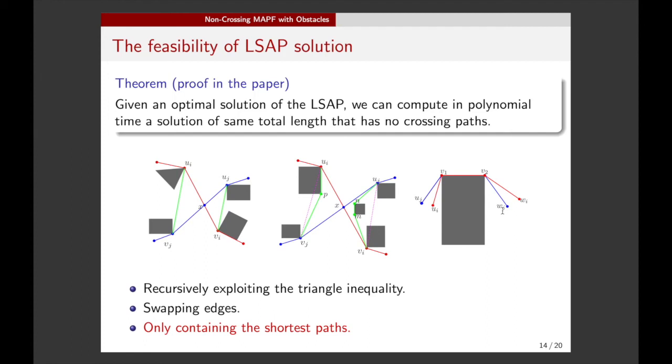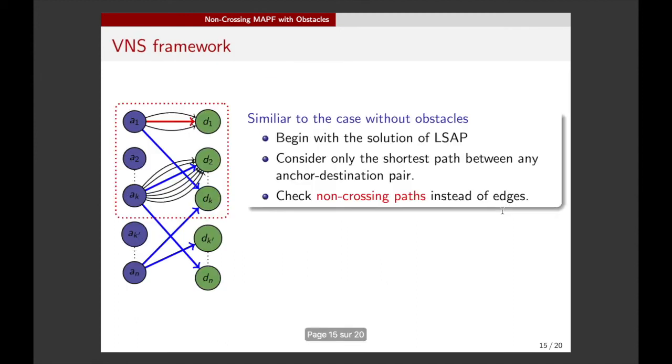The interest of this theorem is that we can always find a feasible upper bound by solving the LSAP. Similar to the case without obstacles, this upper bound can be improved by VNS.